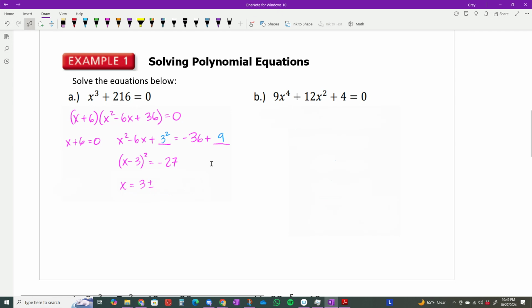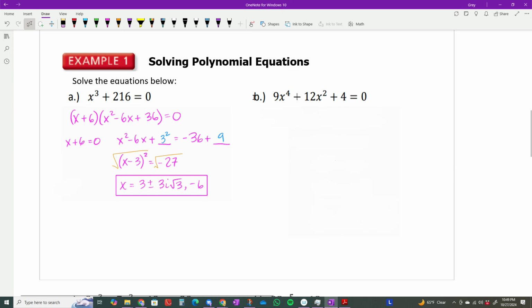I actually encourage y'all to remember to write this so that you would see that there's a negative underneath there, which means there's going to be an i in my answer. And the square root of 27 is 3 square roots of 3. So it's 3i square roots of 3. And then you can't forget that negative 6. So those are all the answers of that. If x plus 6 equals 0, then we subtract the 6 from both sides.